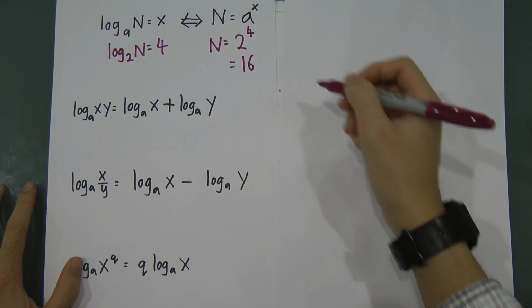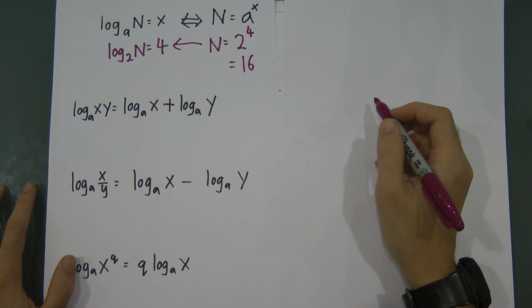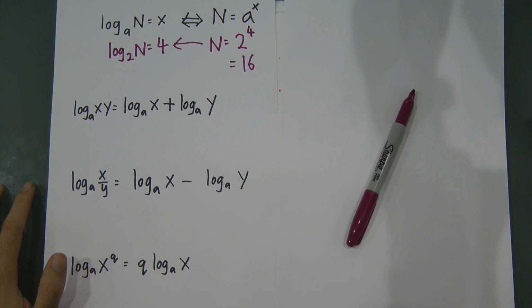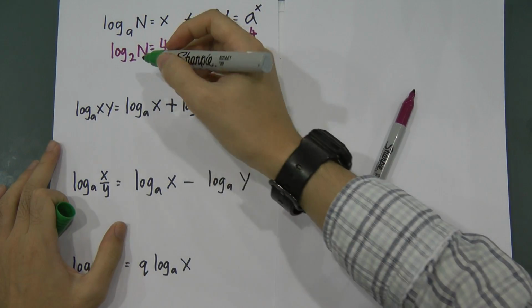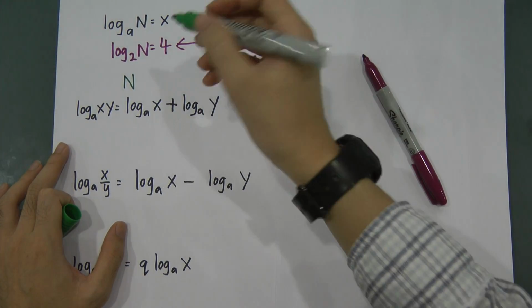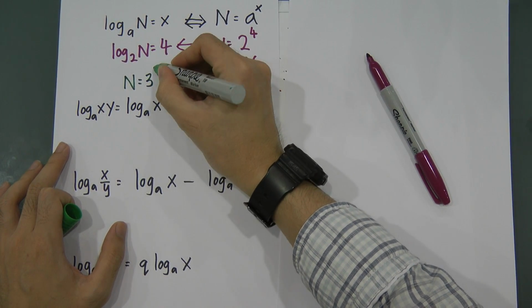Of course, I can also change it back, and you need to understand this very well if you want to change back. Let's say n equals 3 to the power of 5.